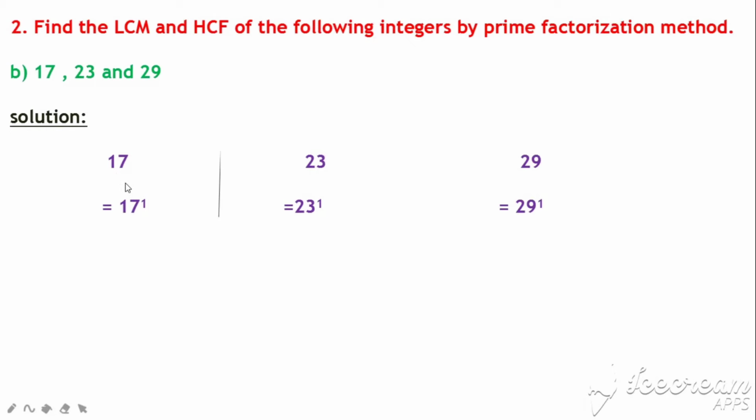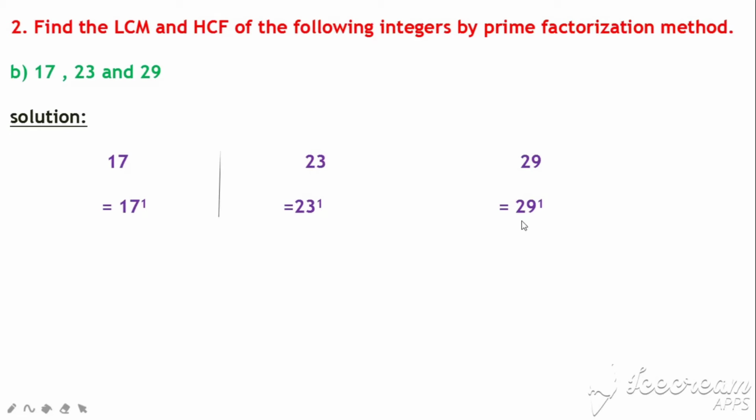So what is meant by prime numbers? Prime numbers are the numbers whose factors are 1 and itself only. So here it is 17 power 1, 23 power 1 and 29 power 1. Now what is the HCF? The HCF is the common prime factor with the smallest power.